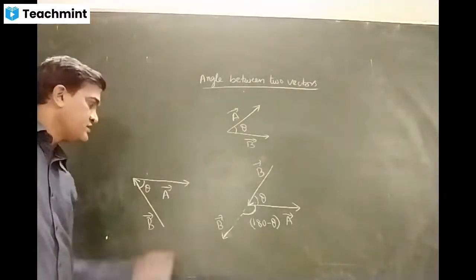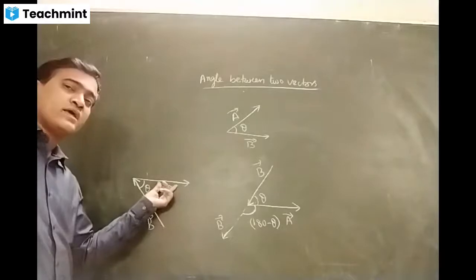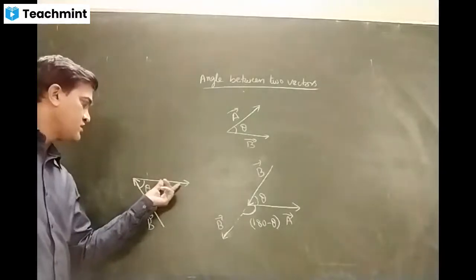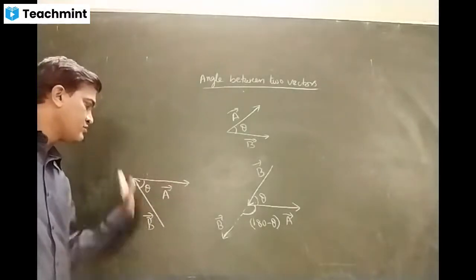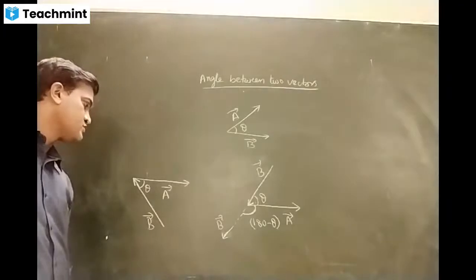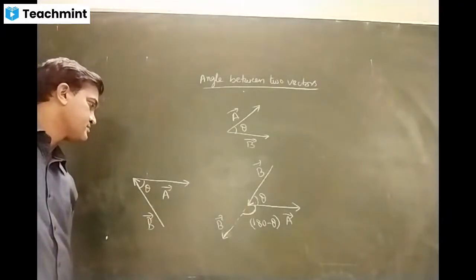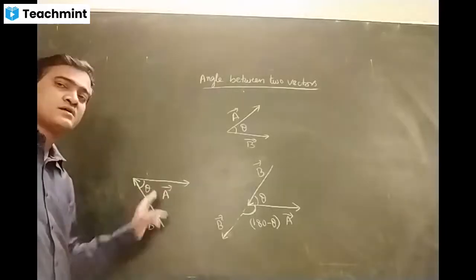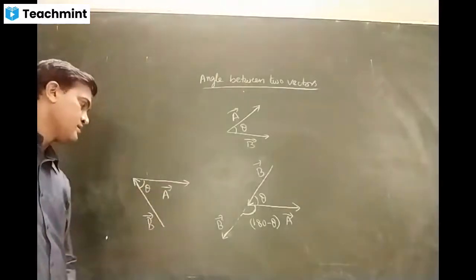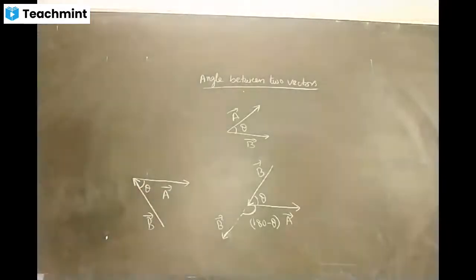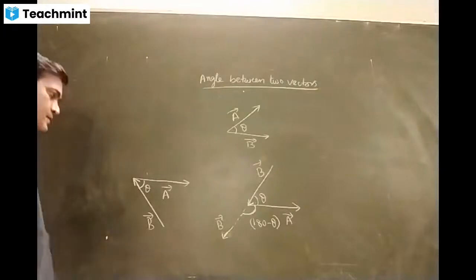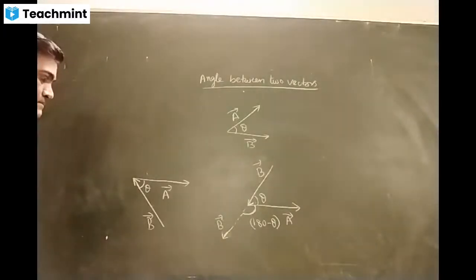So that the tails of both bars will be joined. Either I can move A bar or I can move B bar. That is your wish. Either you can extend A bar or you can move B bar.